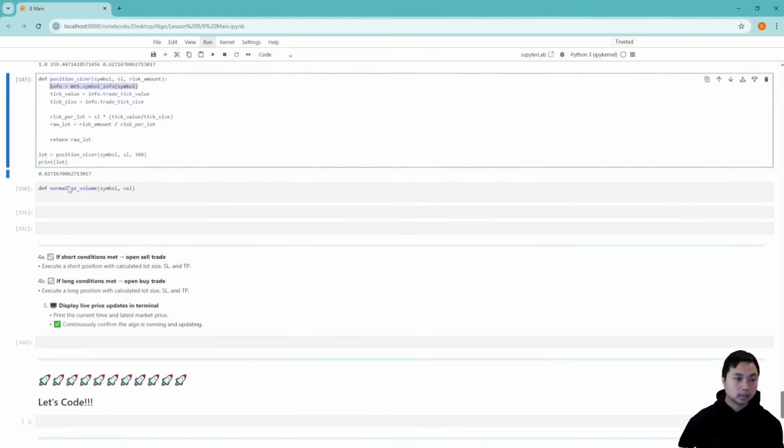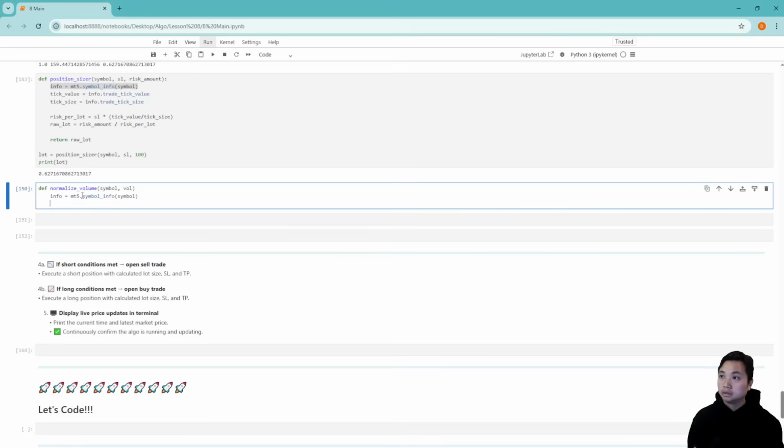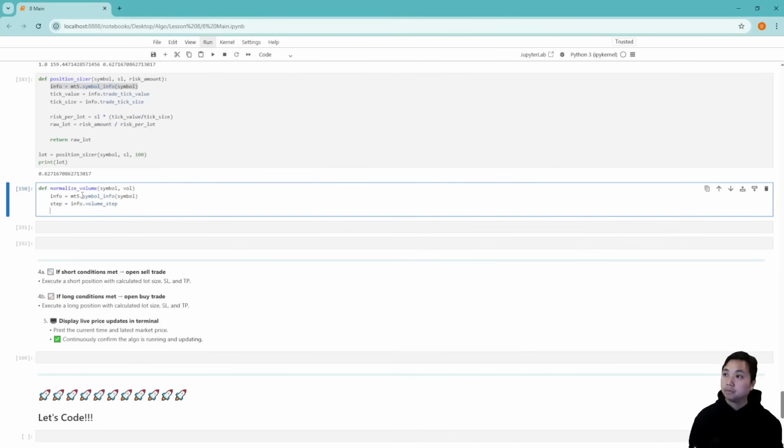Again, let's get the symbol information. We define the step. There's the tick movement, that's the minimum tick movement.